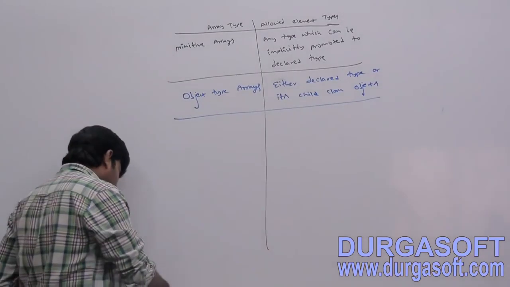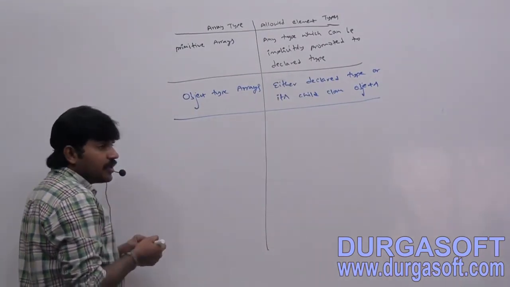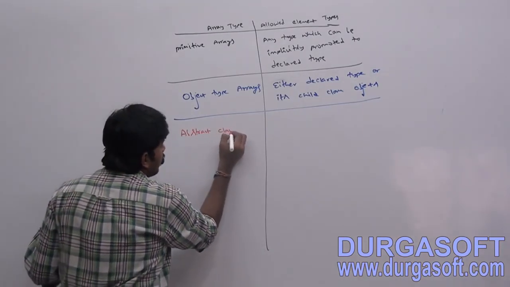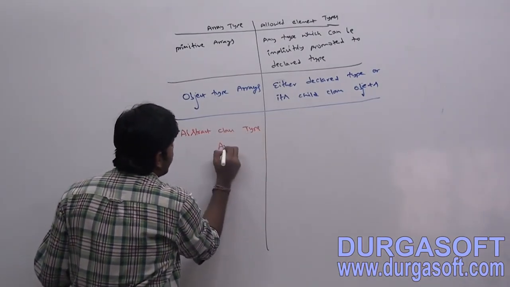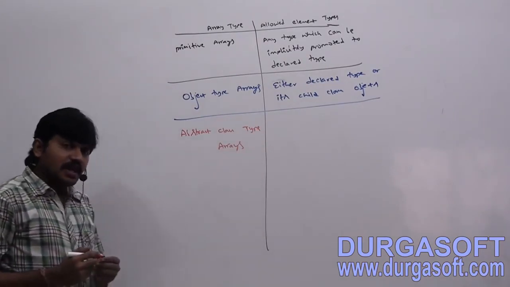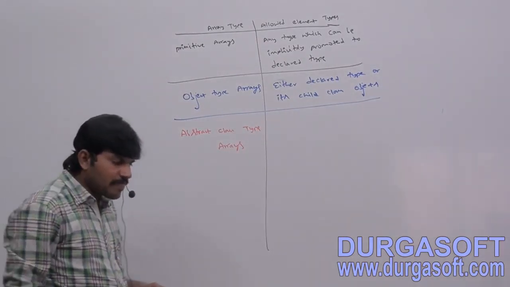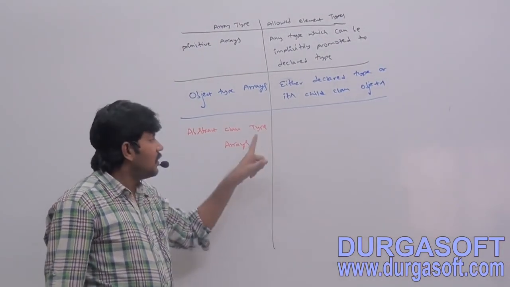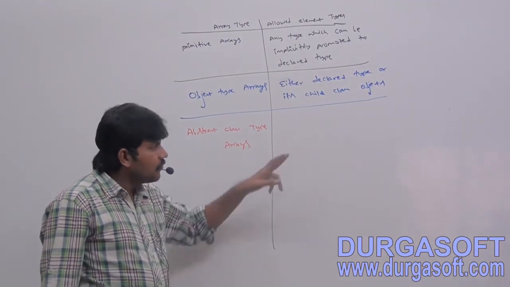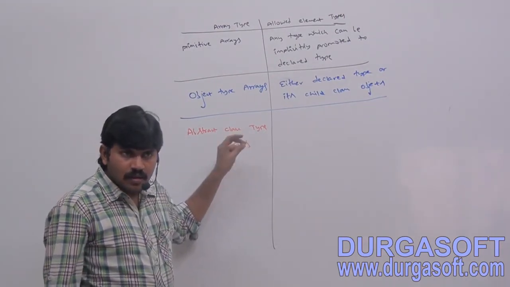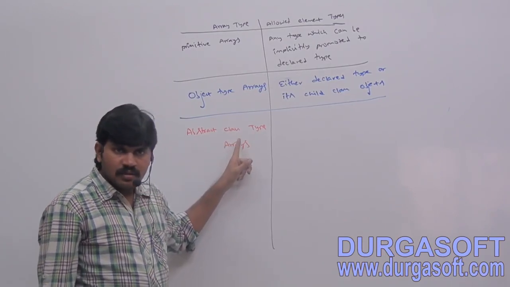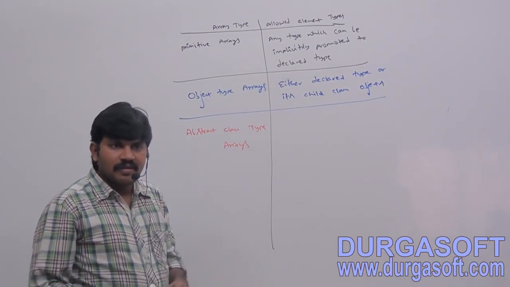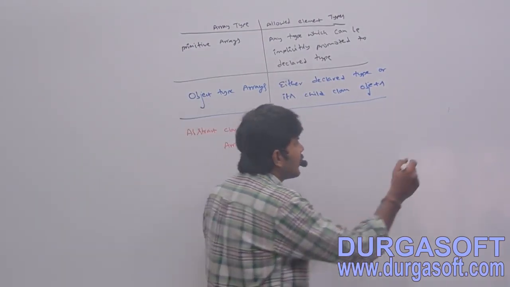Next, third one. If it is abstract class type arrays, which thing is allowed? We covered this case, right?